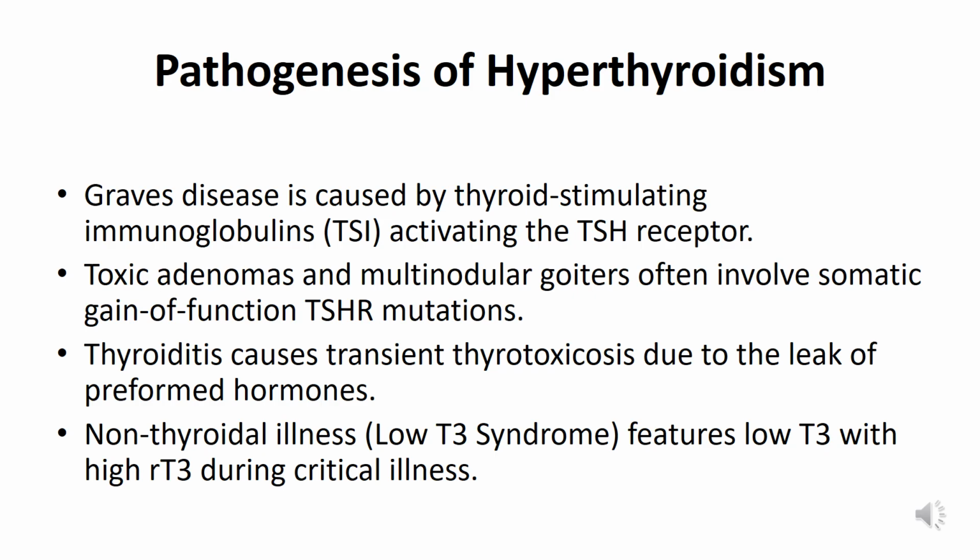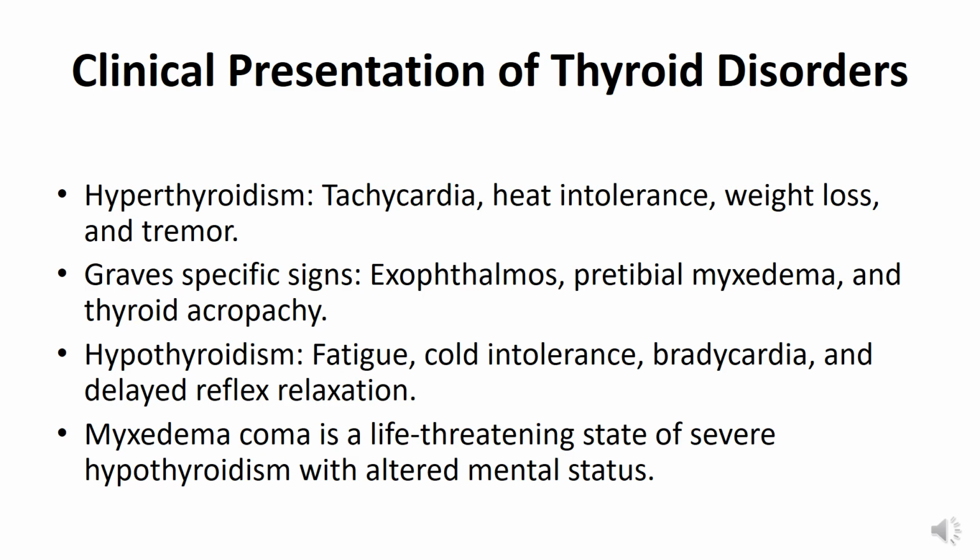So, hyperthyroid states can arise from autoimmune receptor stimulation, autonomous thyroid mutations, inflammatory hormone leakage, or altered peripheral hormone metabolism during critical illness.